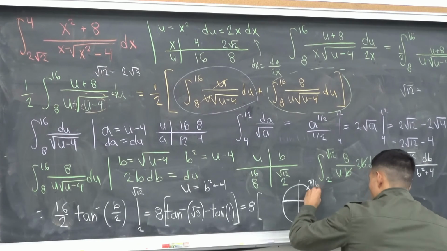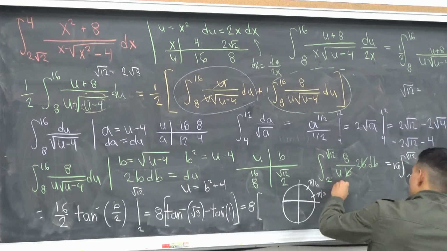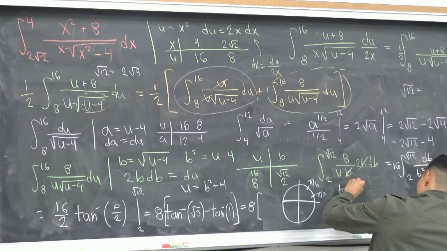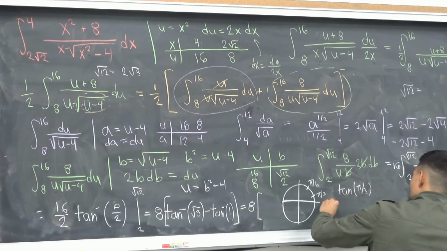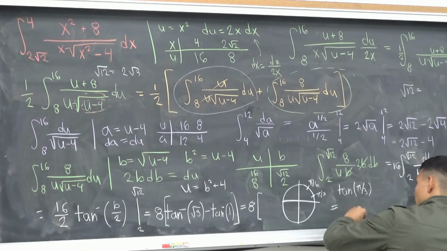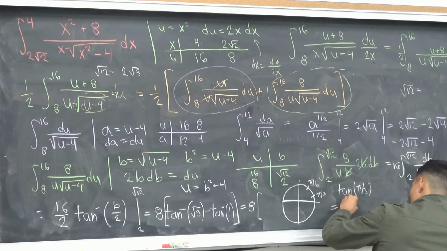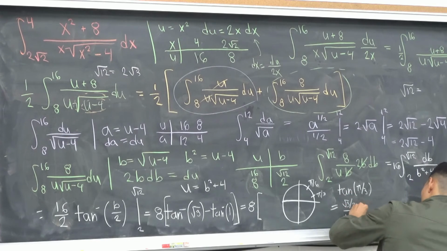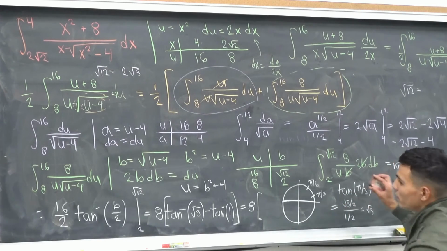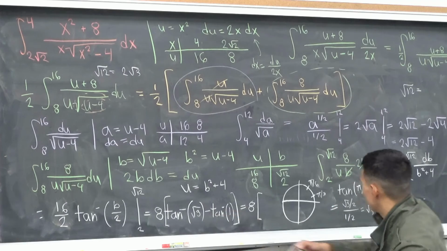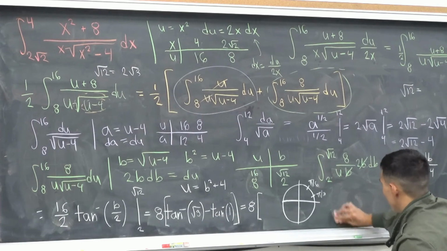Actually, I think it's going to be pi over 3. Tangent of pi over 3, what is that? That is equal to square root 3 over 2 divided by 1/2, which is equal to square root 3. Yes, okay. So we know that tan inverse of square root 3 is equal to pi over 3.